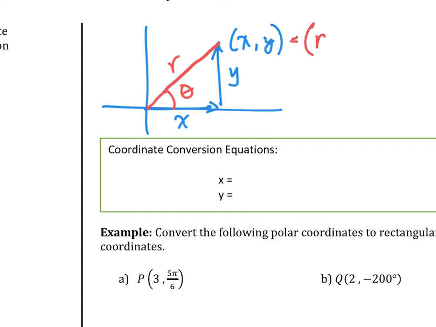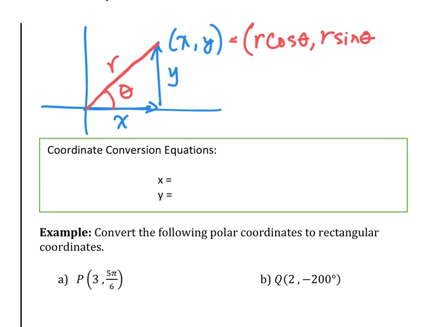Magnitude, and then the x part is cosine theta, and then the y component is magnitude sine theta. So this is the conversion between Cartesian or rectangular coordinates and polar coordinates.